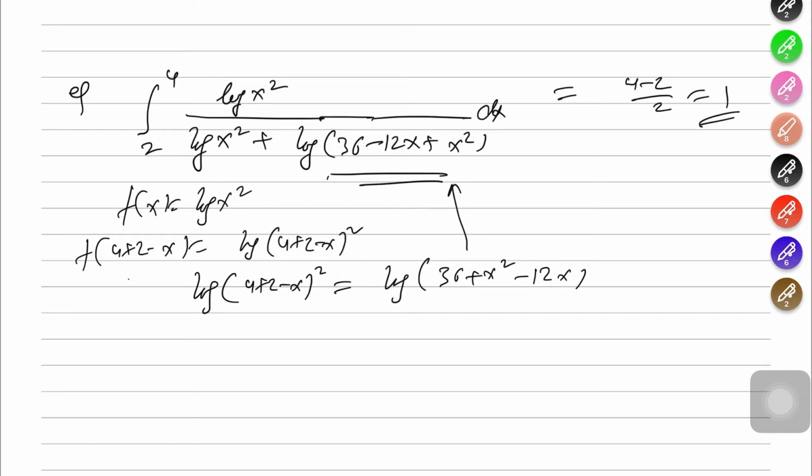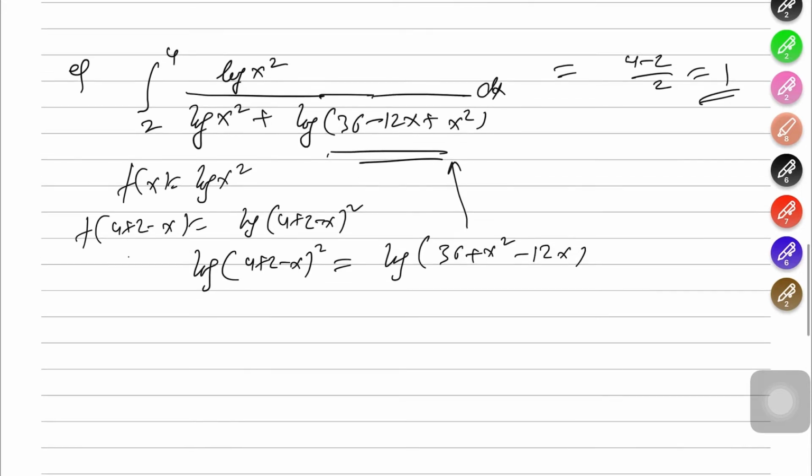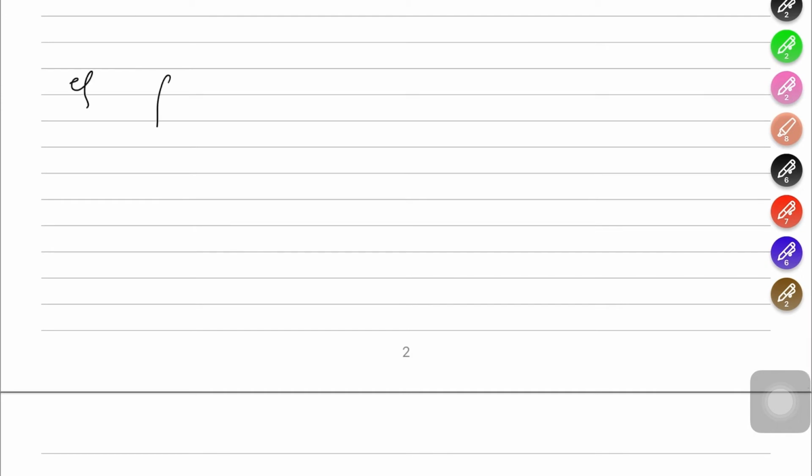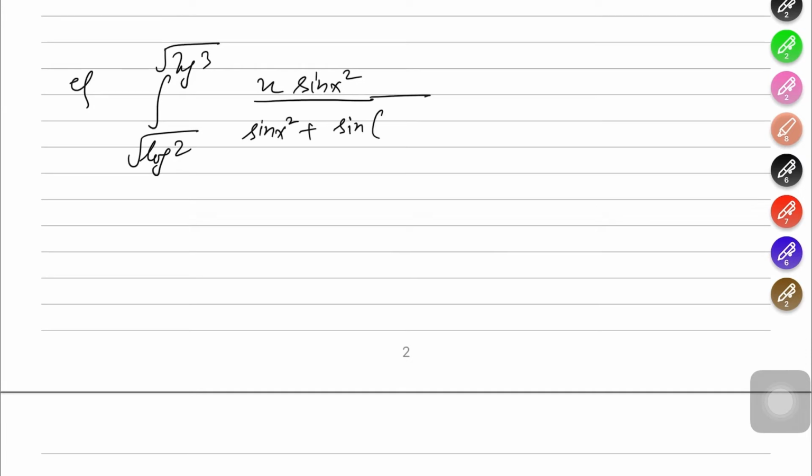Okay, let's take one more, a little bit more difficult problem, but we can use this trick with some manipulation. So let's say this is the integral from log 2 to log 3 of x sine x square upon sine x square plus sine of (log 6 minus x square) dx.